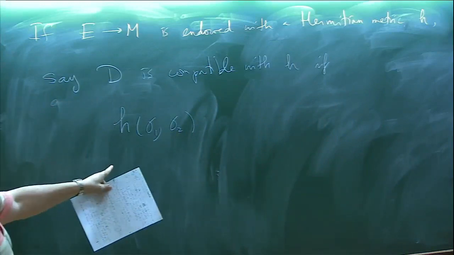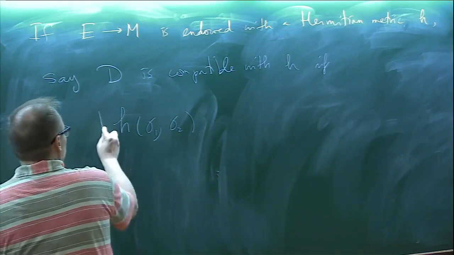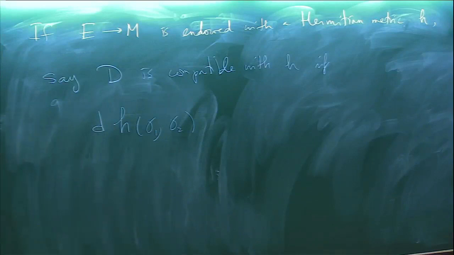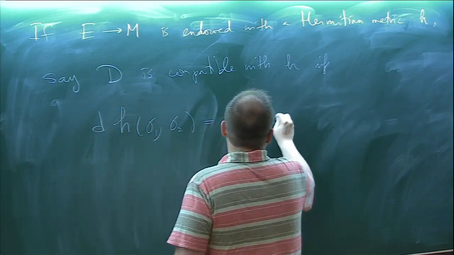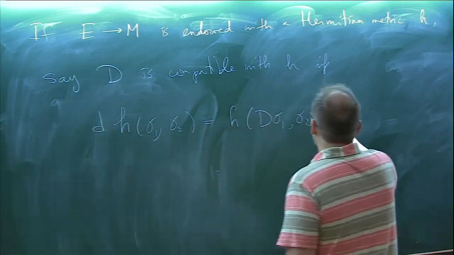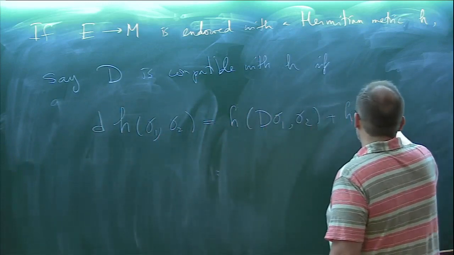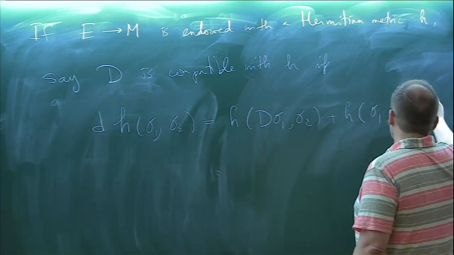This is now a function. So you want to say, what's the derivative of this function? And this will be analogous to this story here, except that these are now sections of the same bundle. And so that's going to be our requirement. So this will be H of D sigma 1, sigma 2, plus H of sigma 1, D sigma 2.